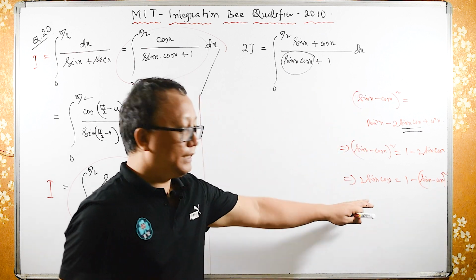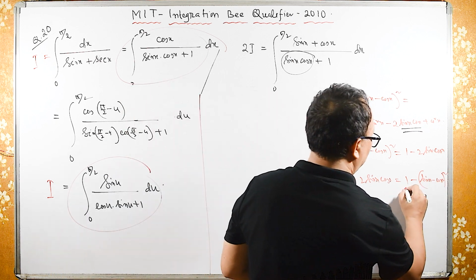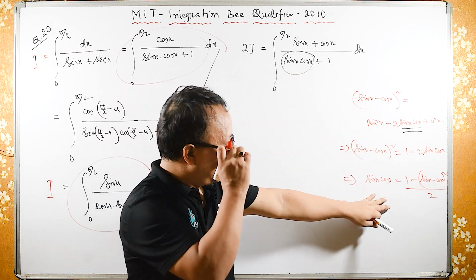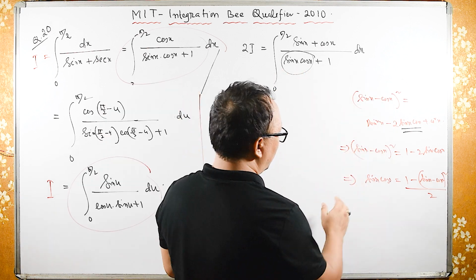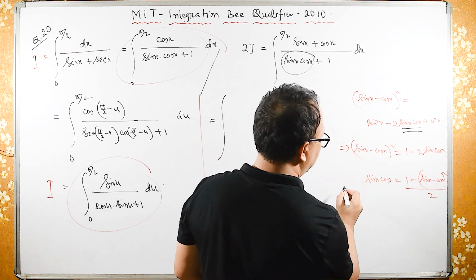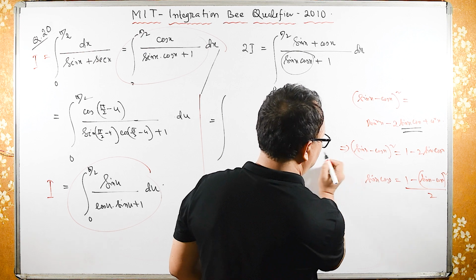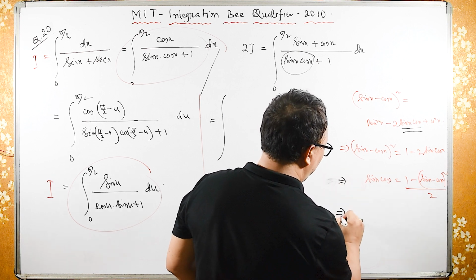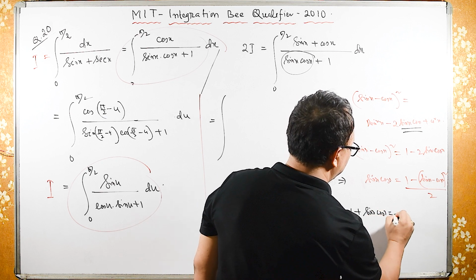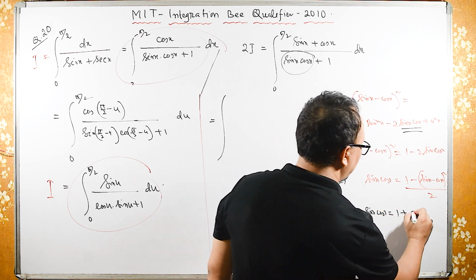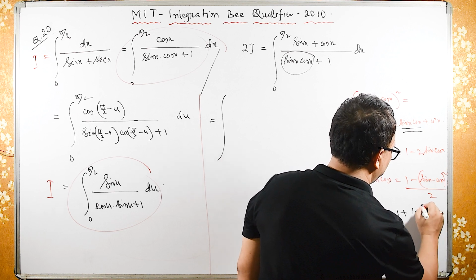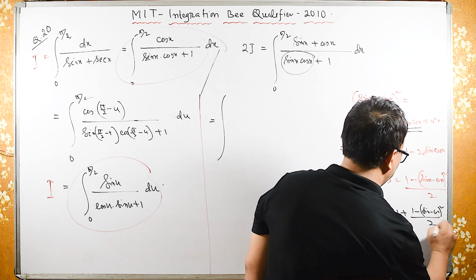I will send this to the other side. Now if I add 1 on both sides, 1 plus sin x into cos x is 1 plus 1 minus sin x minus cos x the whole square upon 2.